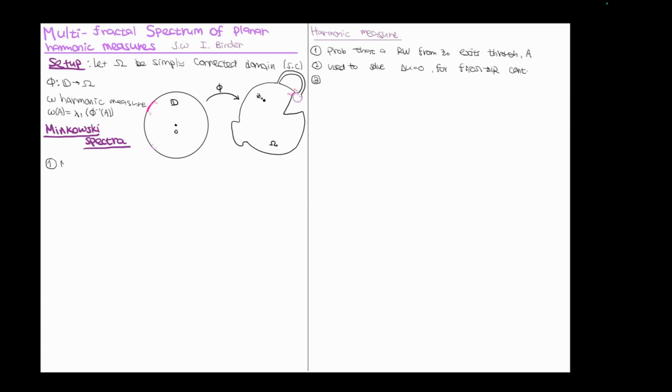It is called the Minkowski distortion spectrum. And the role of this is indeed to measure some kind of distortion.